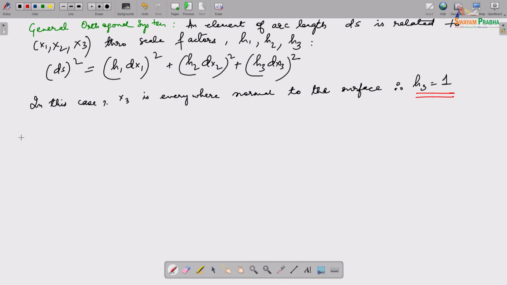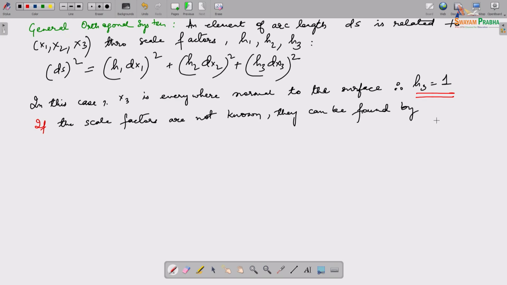If the scale factors are not known, they can be found by relating to any convenient Cartesian system.